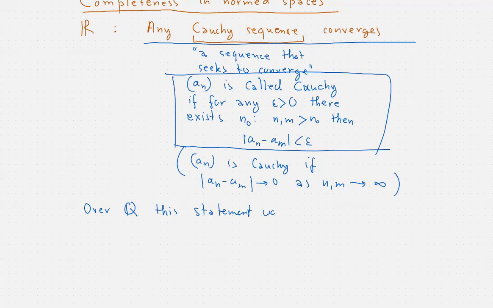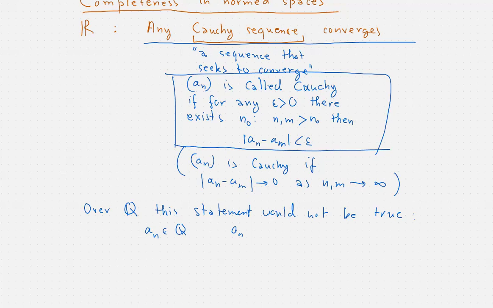So for example, if we have the sequence of approximations of square root of 2, we can actually give one using the Newton-Raphson method, but let's say that you just take the decimal finite expansions of square root of 2.